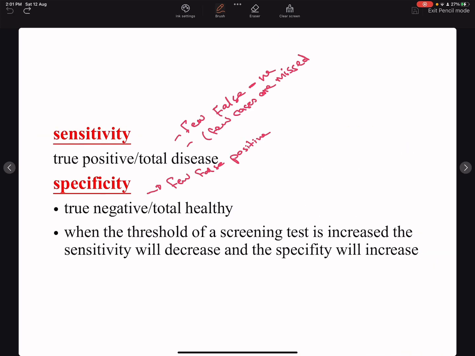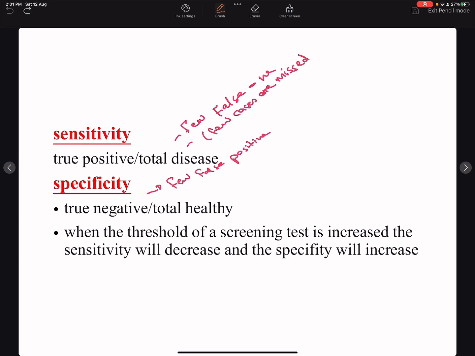Whenever we want to select a test, we are going to check the test sensitivity and specificity. For example, for screening purposes, we are going to look for sensitive tests more than specific tests. But for confirmatory tests, we are going to check for more specific tests.